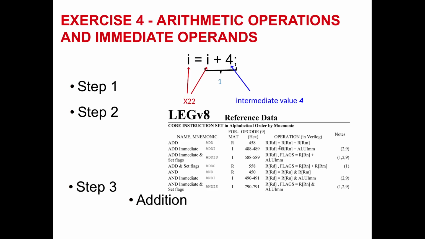RN is the operand, and it is X22, and the immediate value is 4. And so we will have the addition instruction ADDI X22, X22, immediate value 4, which means that the value of X22 will be replaced by its own value plus the immediate value 4.